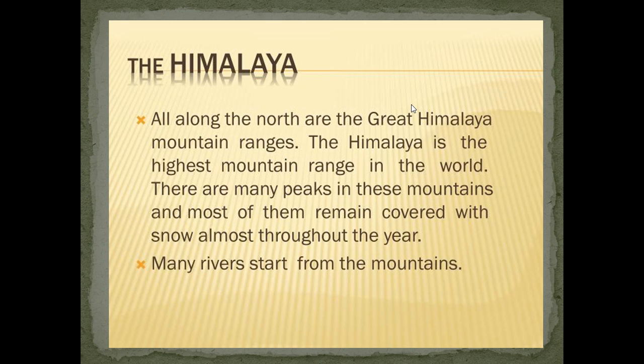The lower slopes of these mountains are covered with thick forest. When you come from the northern mountain ranges, on the lower slopes you can see the thick forest. Okay, these mountains are covered with thick forest. These forests have a variety of flora and fauna. Now tell me the meaning of flora and fauna.